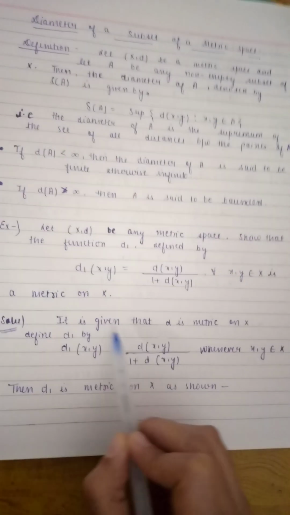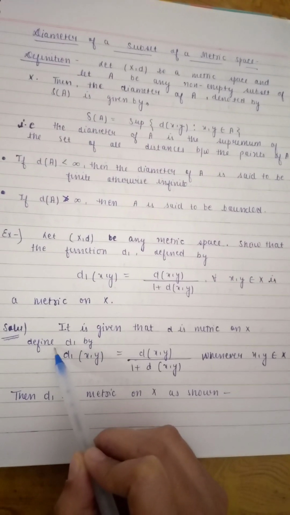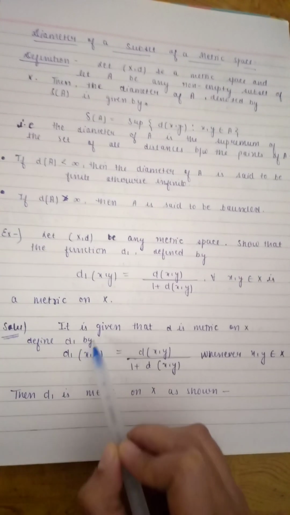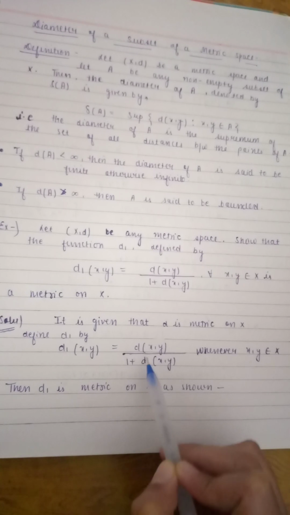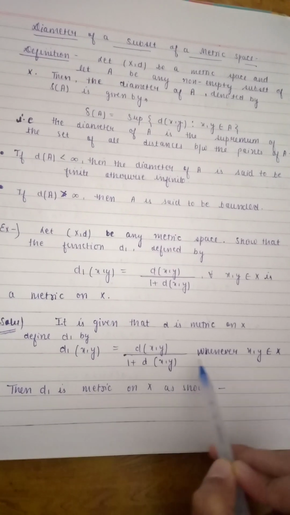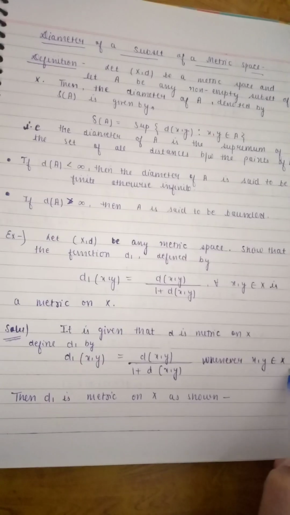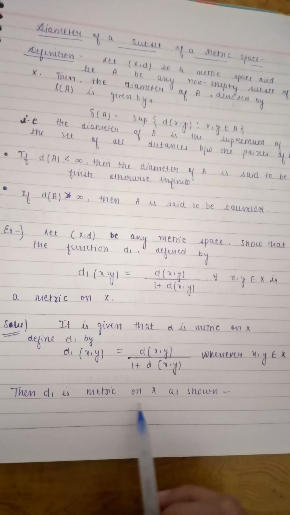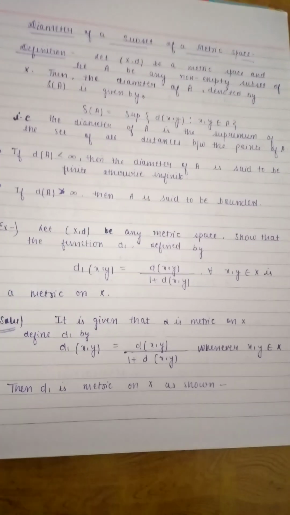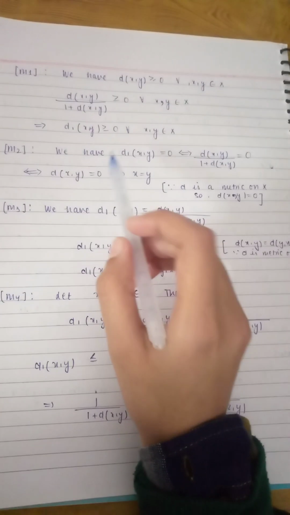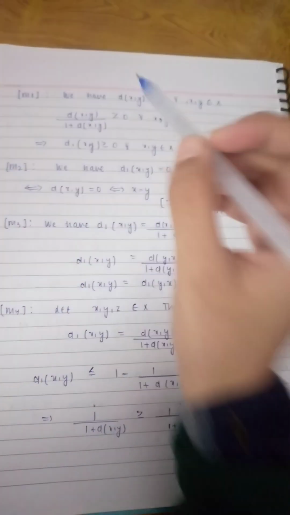So firstly, it is given that d is a metric on X, and d1(x,y) is defined as d(x,y) upon 1 plus d(x,y) whenever x, y belong to X. Then d1 is a metric on X, as shown. Now firstly, we prove the first axiom, which is M1.